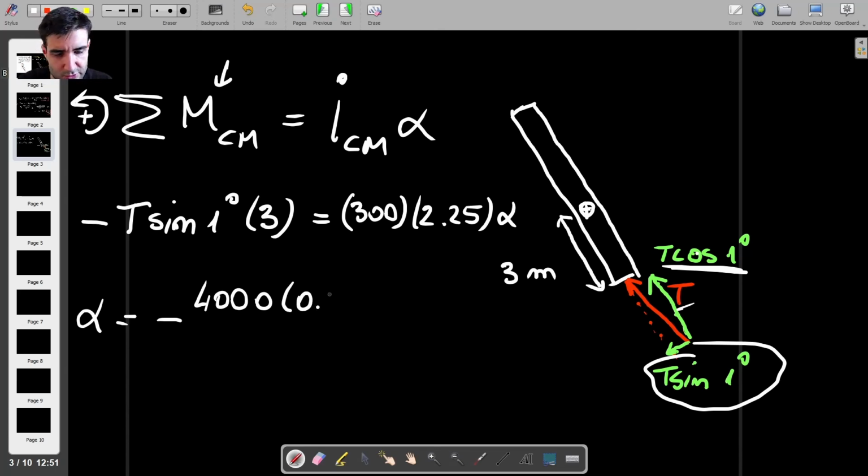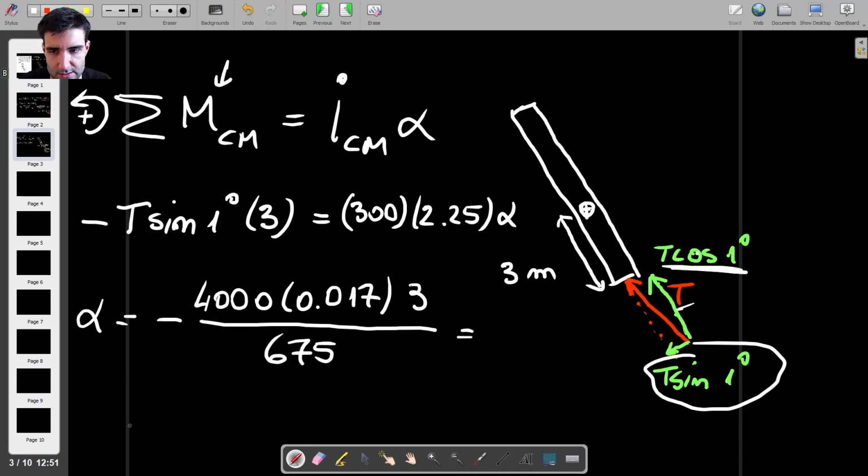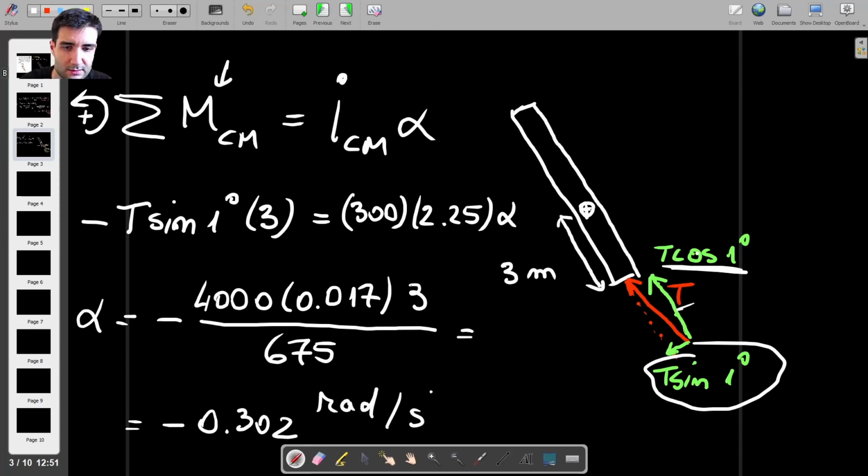It's going to be 0.017 times 3, divided by 300 times 2.25, which is 675. And finally, we have a value which is going to be equal to minus 0.302, and that's radians per second squared.